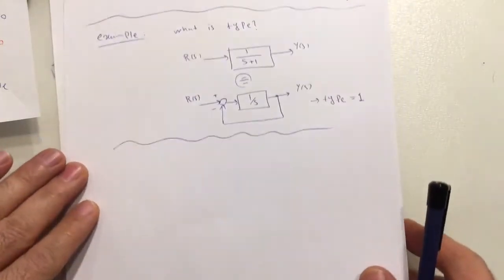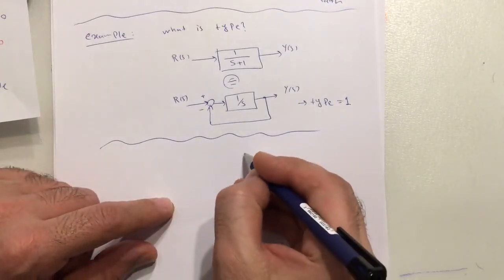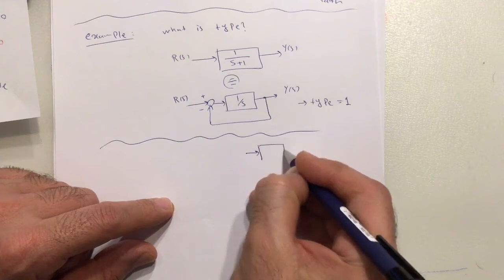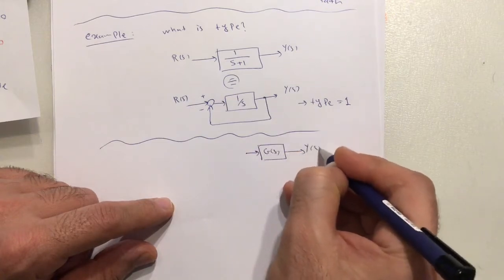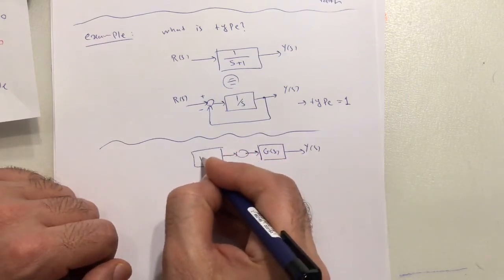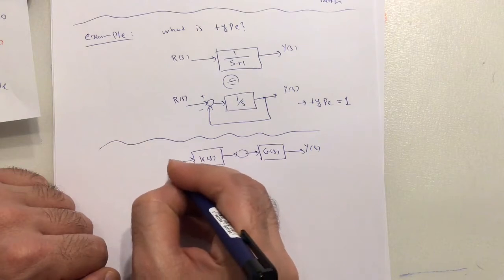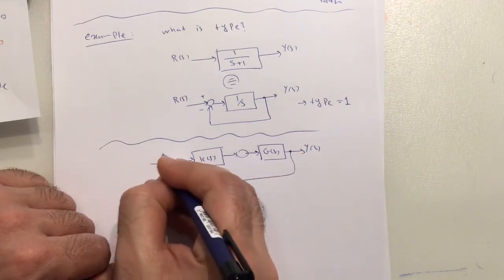Let me redraw the block diagram because we are going to talk about the other case as well. So we have G of S, Y of S here, disturbance, controller, and reference here.